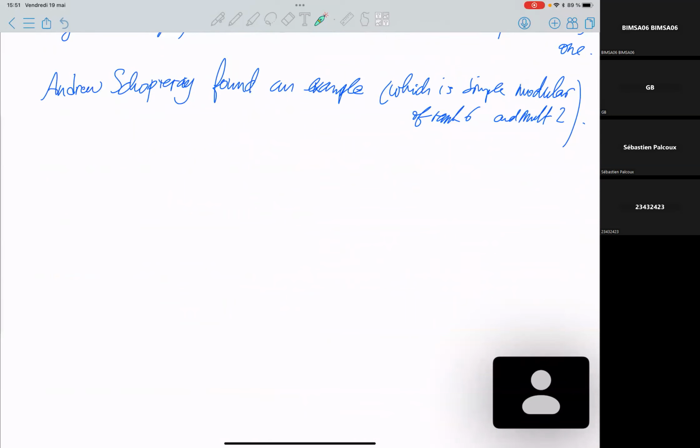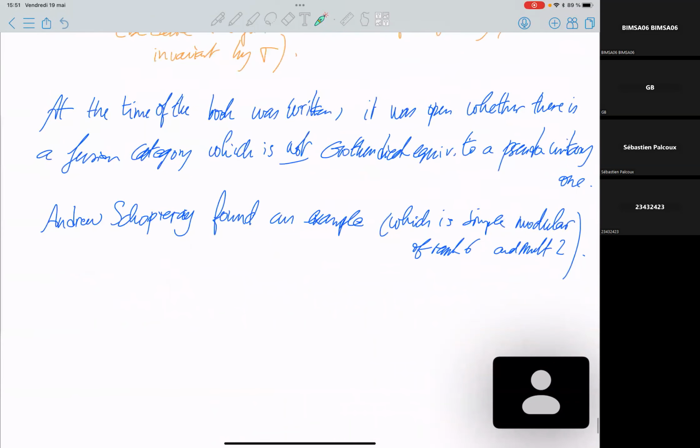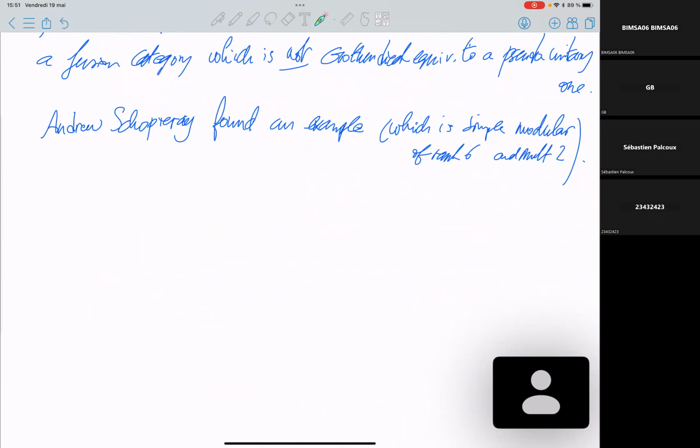Okay, so let me explain quickly why we are talking about pseudo-unitary. In fact, pseudo-unitary here means that it's almost unitary. So remark: I don't want to state it as a definition because I will not provide the full definition.